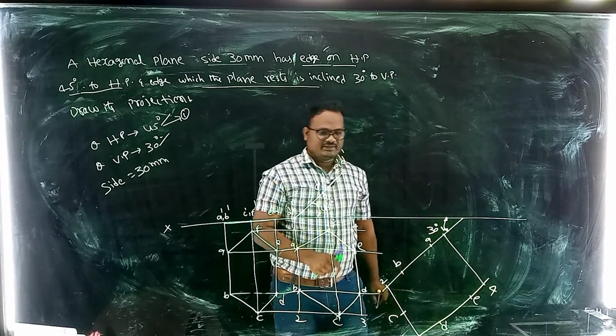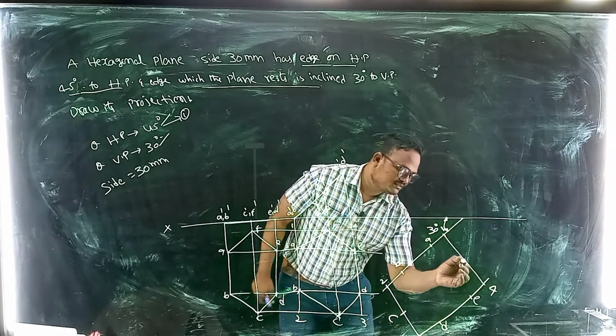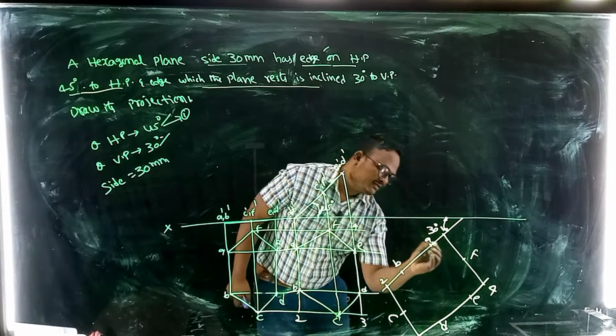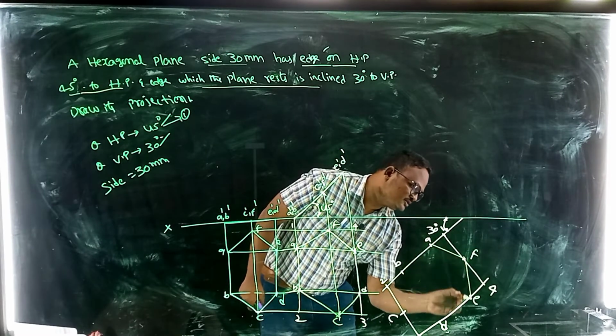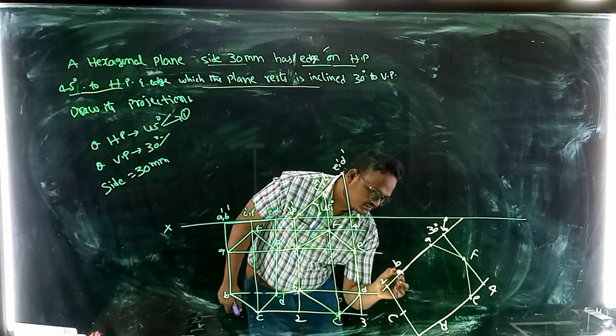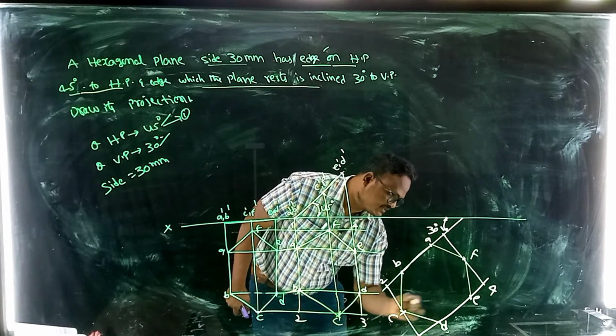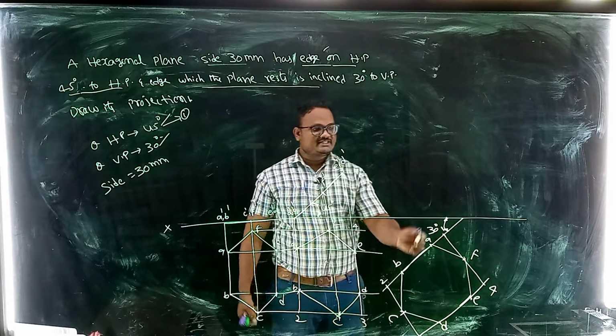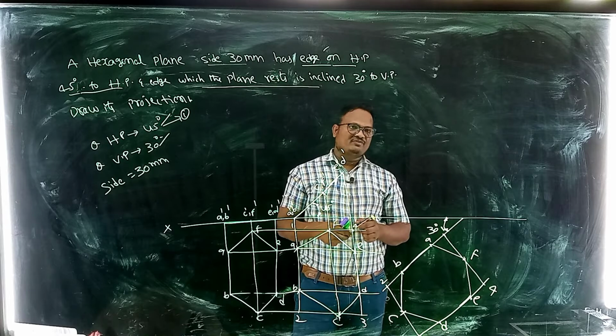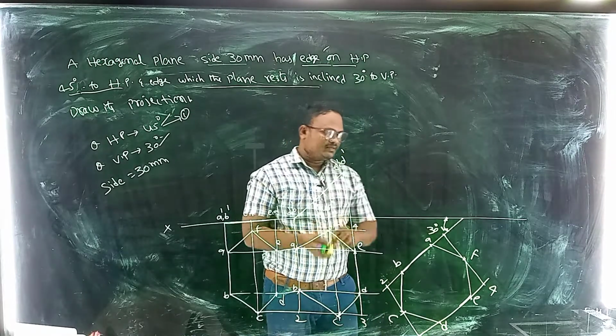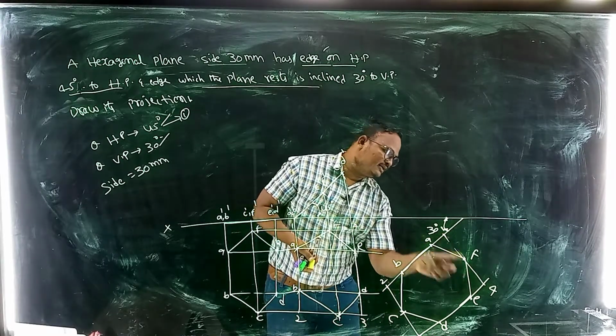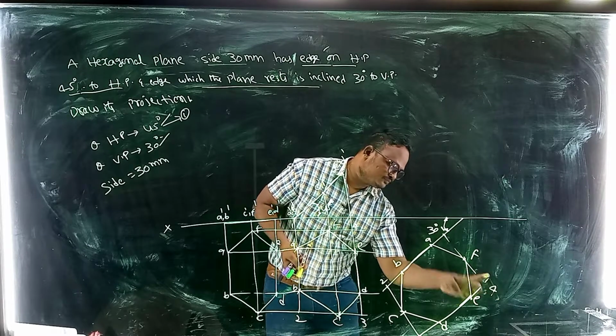E. Next from 4 to the midpoint, that is F. By joining all the marked points, you will get a hexagon. That means the edge is making an angle of 30 degrees to the VP.